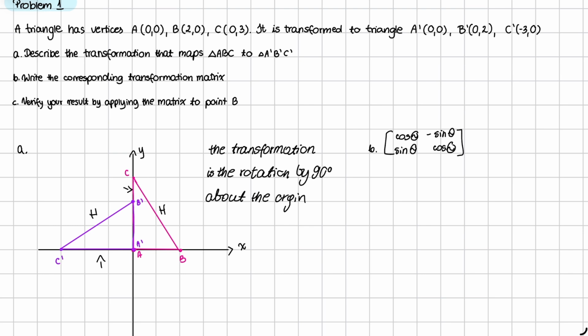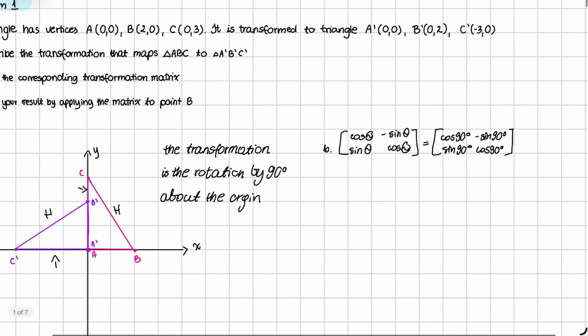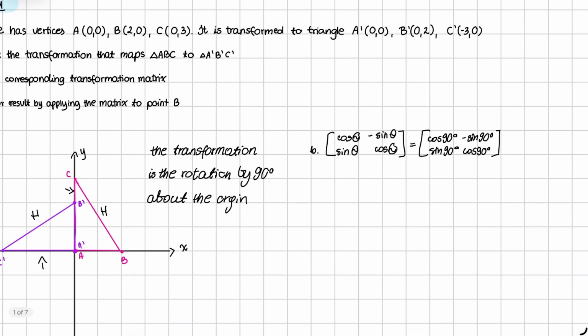Now we can substitute our angle, 90 degrees: cosine 90 degrees, minus sine 90 degrees, sine 90 degrees, and cosine 90 degrees. You can simply calculate it in your calculator. And our transformation matrix is (0, -1, 1, 0).